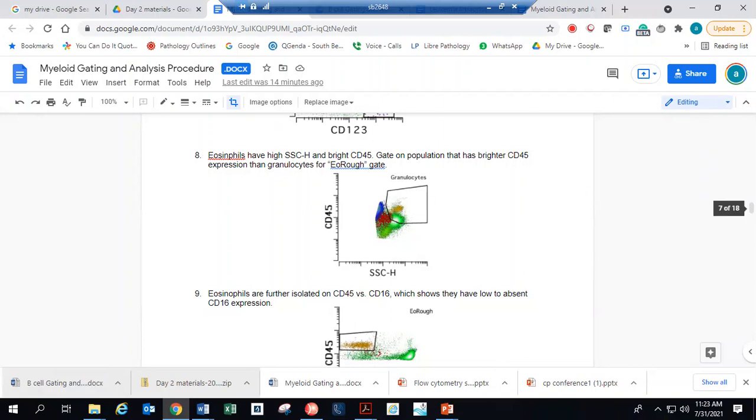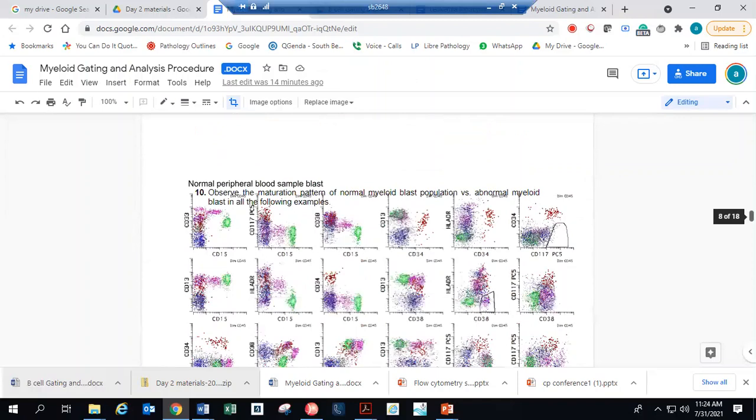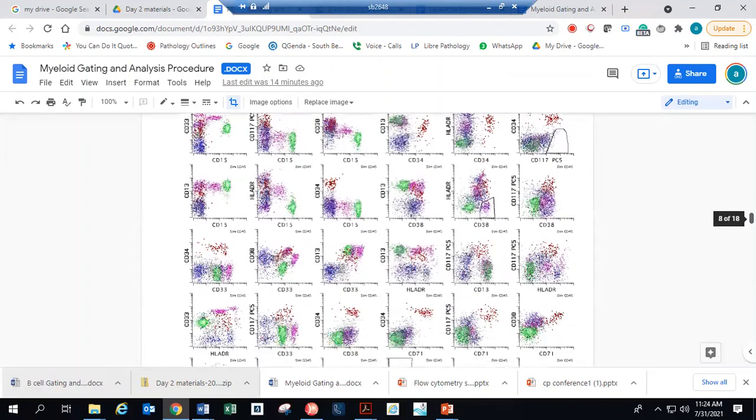That's your eosinophilic rough gate. And then another thing, CD16 is more of a mature granulocytic marker, right? So CD16 negative, but CD45 bright, there is your eosinophilic rough gate. So this is more of your mature peripheral blood.